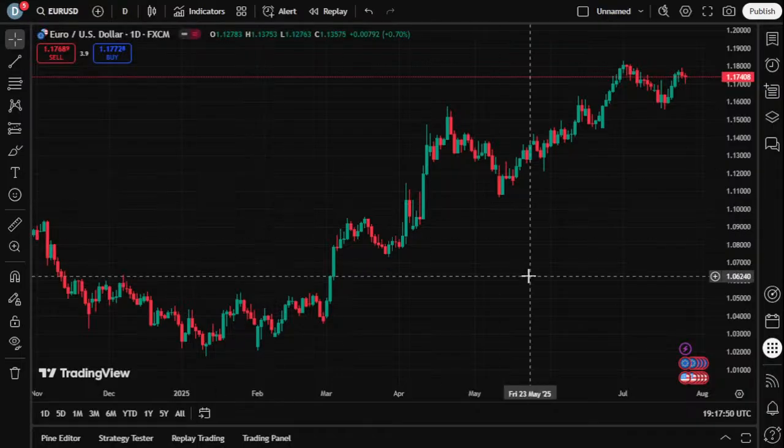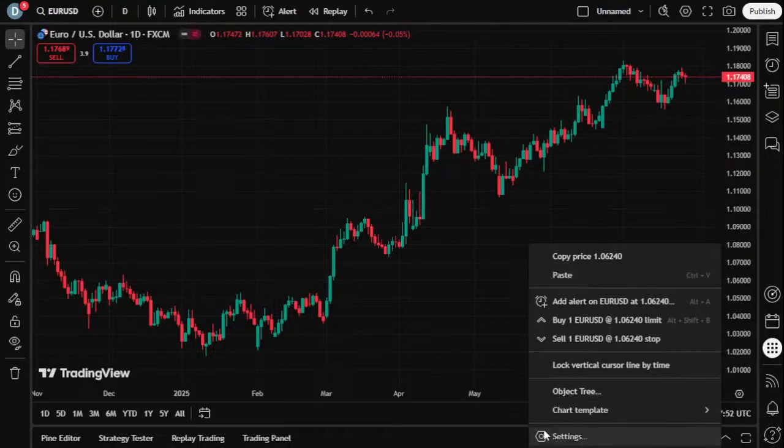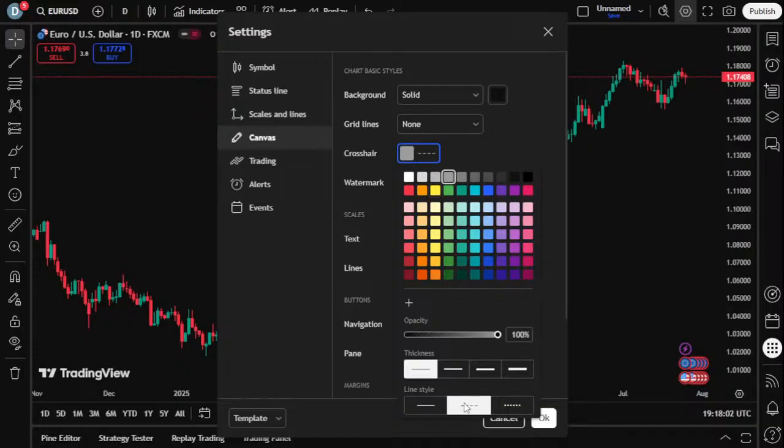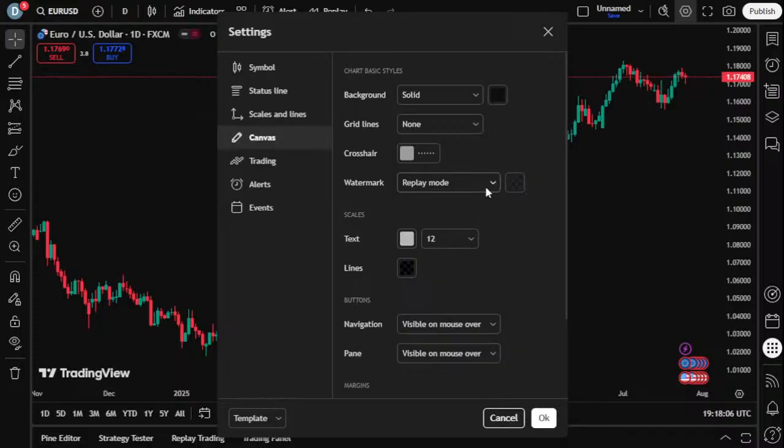Yeah, because the brightness, it blinds. So what I would do here is solid background, sure. Grid lines, none. Crosshair, let's get it to... Watermark, yeah, I guess I will need none of that.